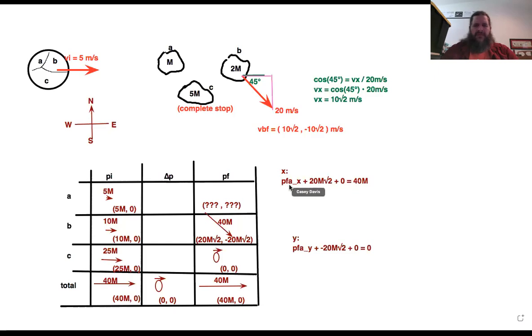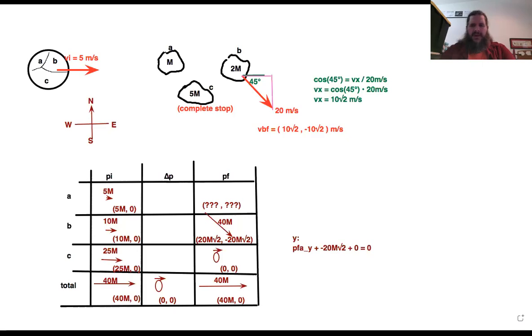So how would we solve for the P final A X component? How could we isolate that last unknown here? Subtract 20m root 2 from 40m. Yeah.